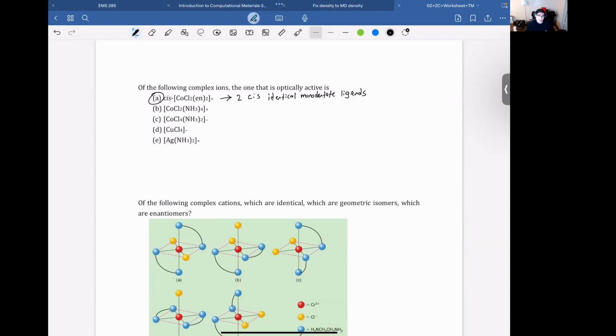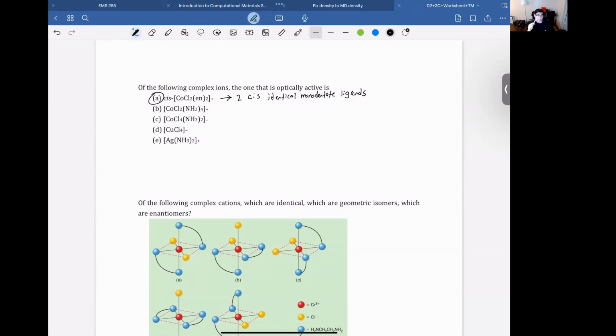So if you have just some sort of mixture of these ligands, this can exert cis or trans isomerism, then we do need to know which one it is to determine whether or not it's optically active. The same thing is true for C.